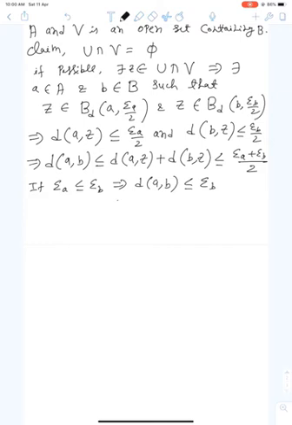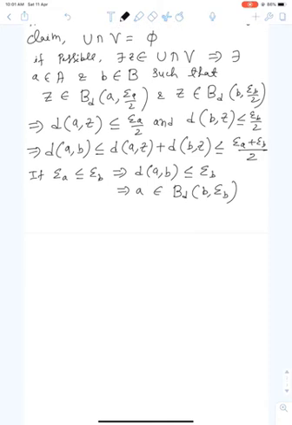Now this will imply, say, a belongs to the ball of radius epsilon B centered at b. Right? And this is a contradiction.